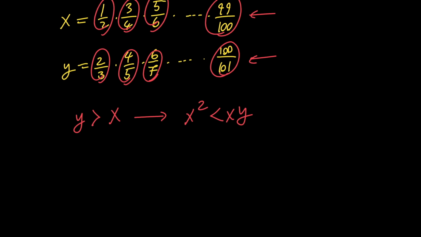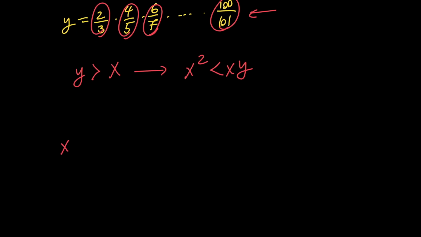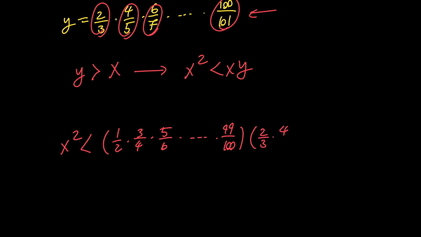Great. Now, notice that we can replace x times y with x, which is 1 over 2 times 3 over 4 times 5 over 6 times ... times 99 over 100, and y, which is 2/3 times 4/5 times 6 over 7 times ... times 100 over 101.